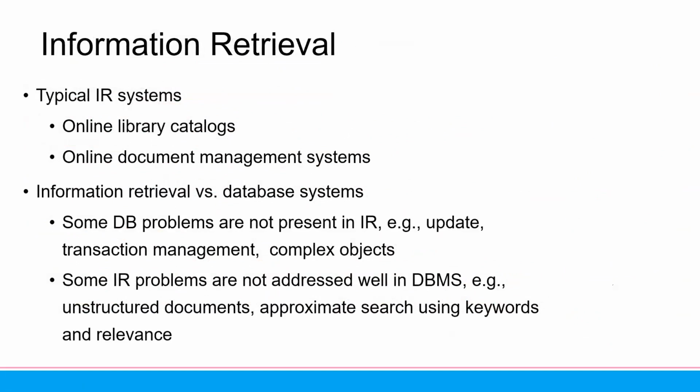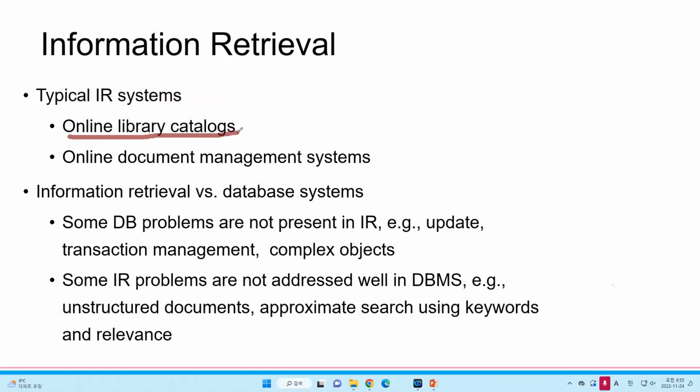So I would like to discuss information retrieval. The typical IR system is in online library catalogs, or online document management systems. So it is different from the common database system. Some DB problems are not present in IR.